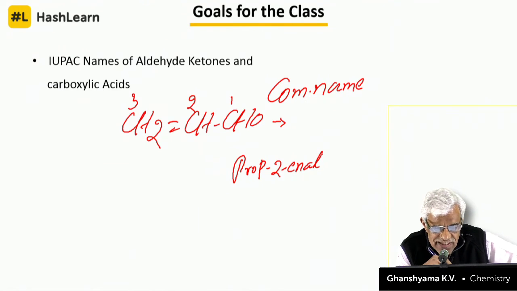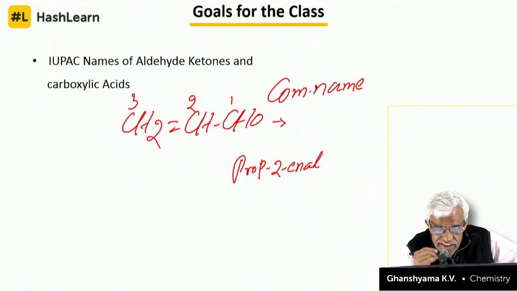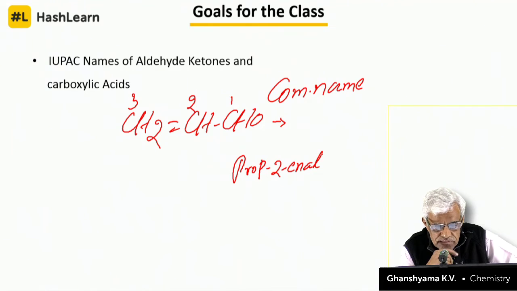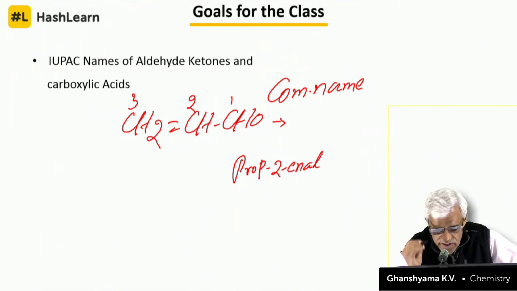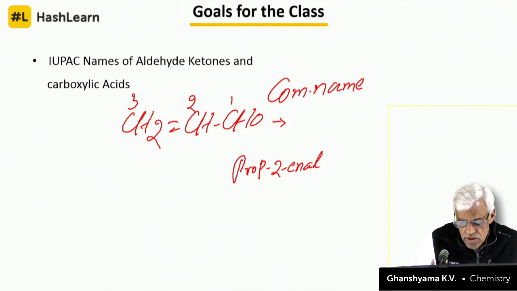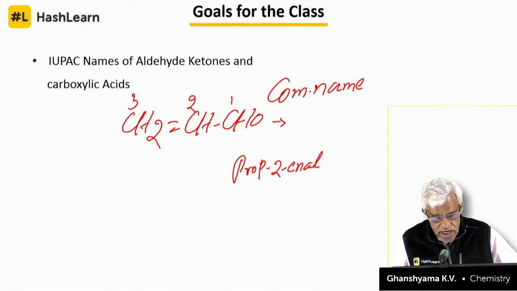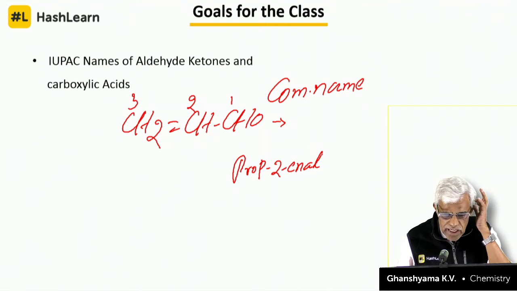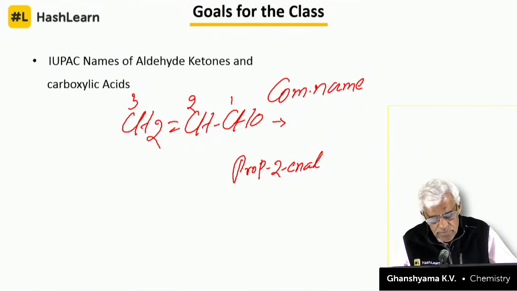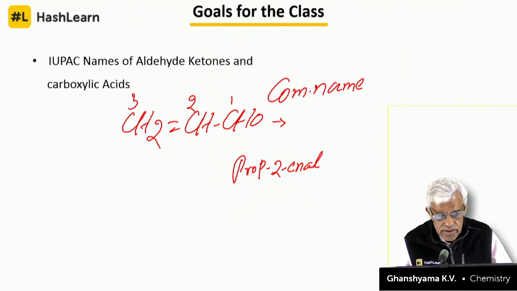Very good. Acrolein. In what context have I explained this? The IUPAC name is prop-2-enal.